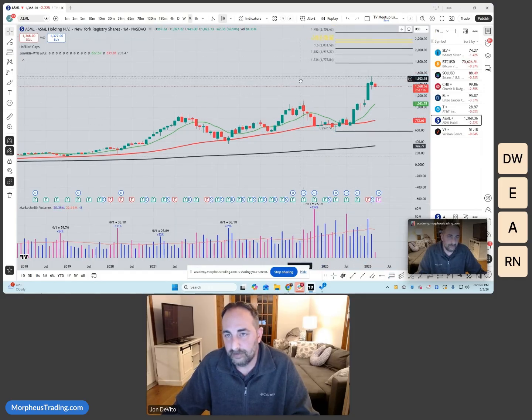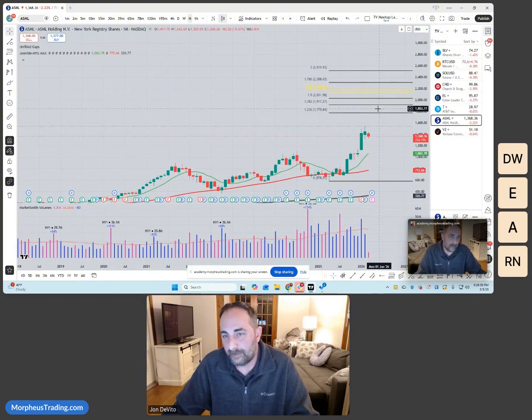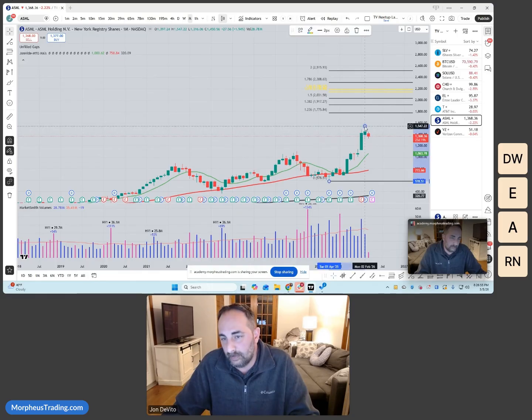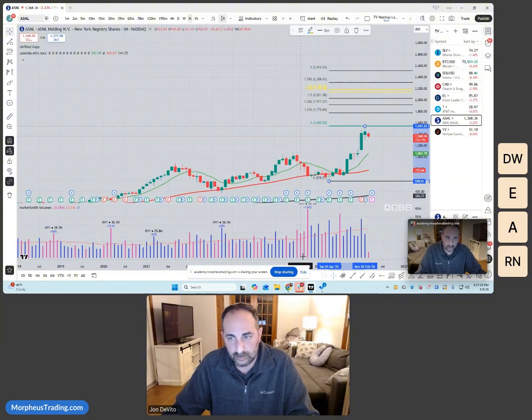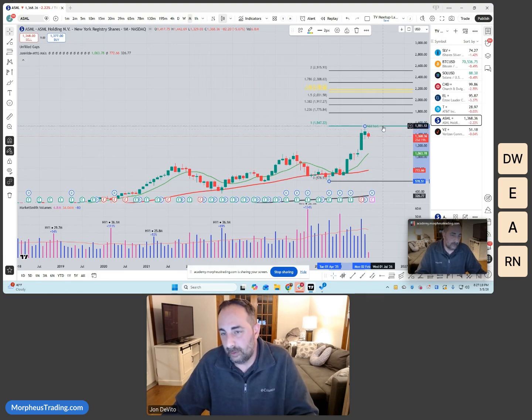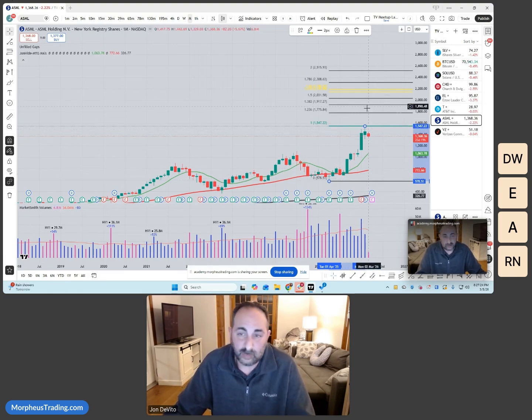From here, these are the opposite expansions. From that level, let me put a 1 on there just so we can see where that is. This is where your 1 is, this is where your 0 is, and it goes from here. So if it goes up, it'll go up 236, 382. These are the expansion levels as if it was inside of here. And that's what you would look at.